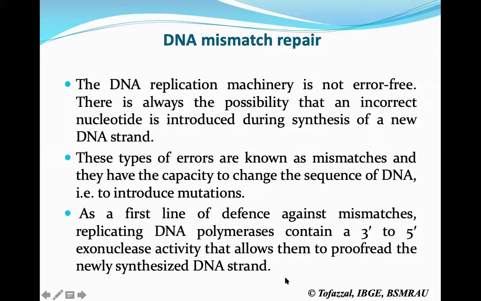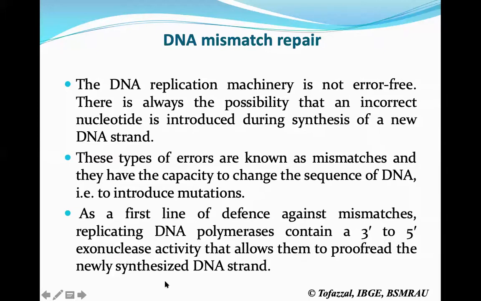This is a very important statement. That means when DNA is replicated, DNA polymerase enzyme is involved to make the polymer. DNA is a polymer, so the polymerase enzyme recruits the complementary sequence to the unzipped, single-stranded DNA, and it contains a 3 to 5 prime exonuclease activity.